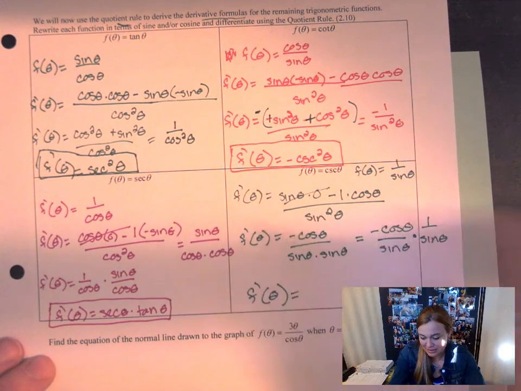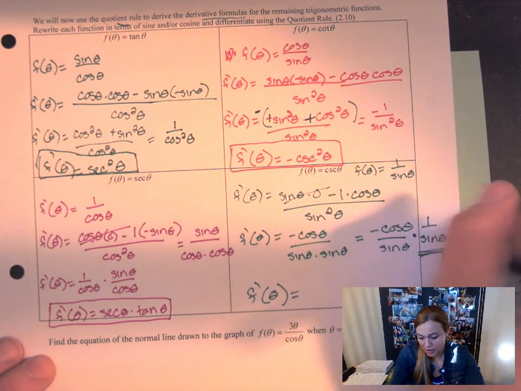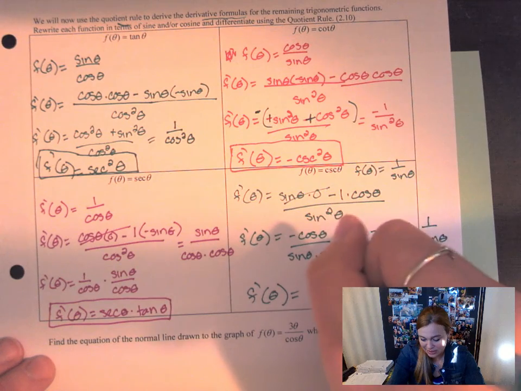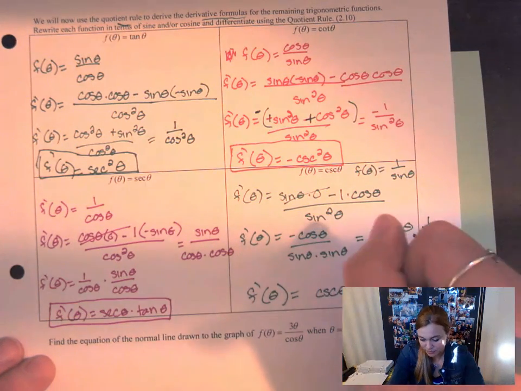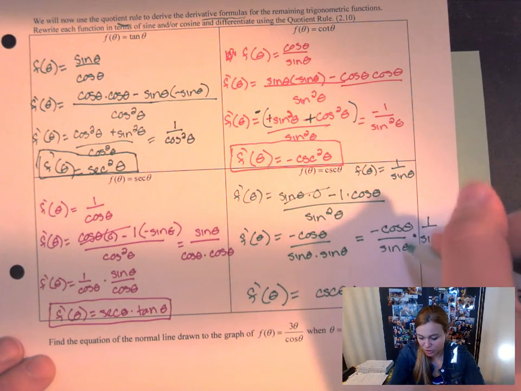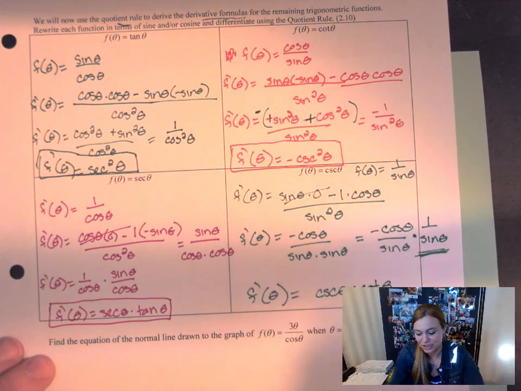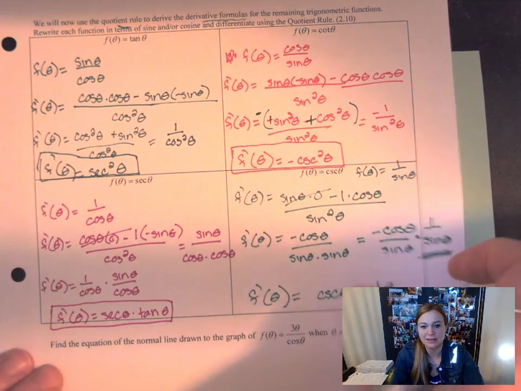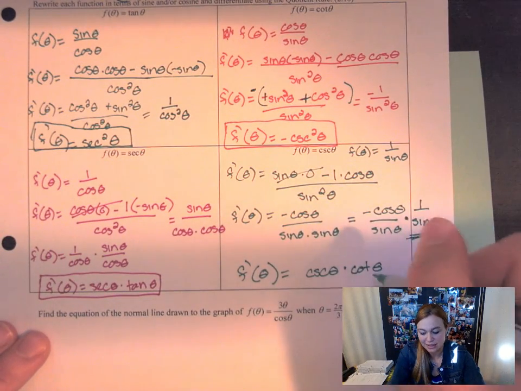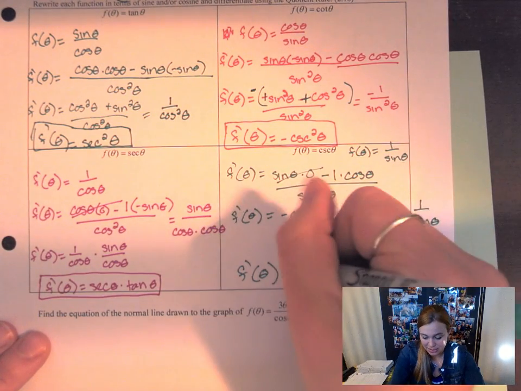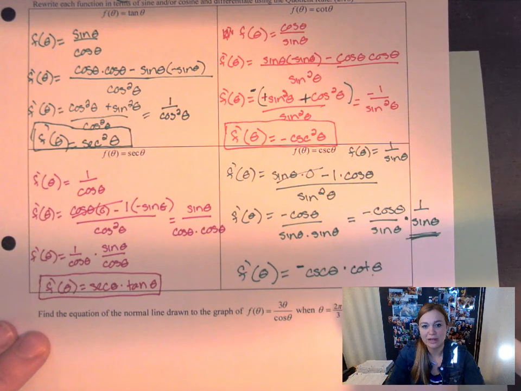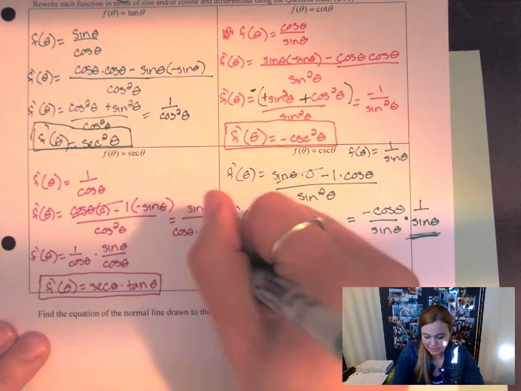And then just because this is normally written first, 1 over sine of theta is cosecant. And then over here, cosine over sine is cotangent. Cotangent theta times cosecant theta would be totally correct if I remembered this negative sign. But it's often written, if I say, what's the derivative of cosecant? Most people would write cosecant, cotangent. Like, it's just often in that order. But if you said cotangent, cosecant, as long as they were negative, that's fine too.